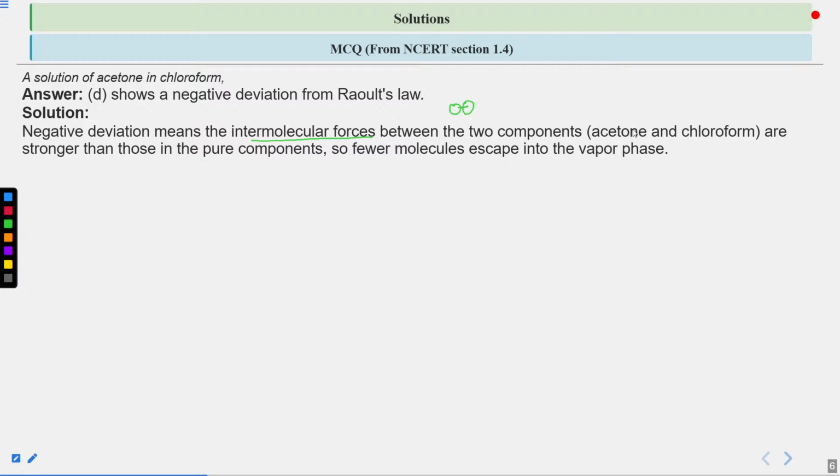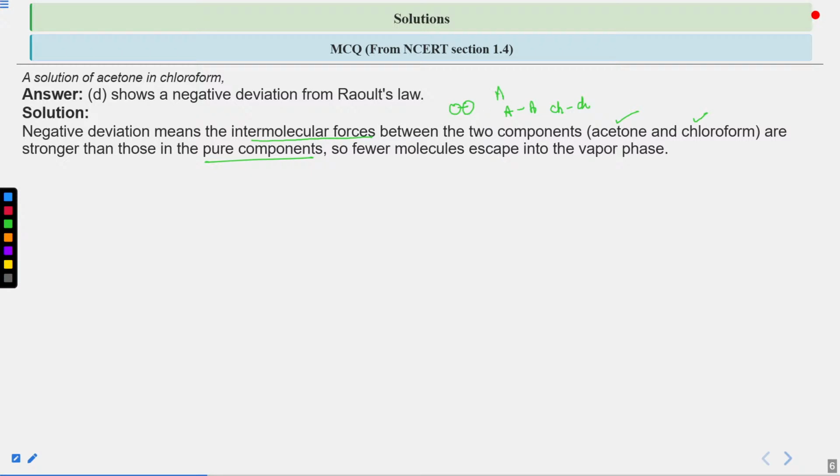Here in this question, the components are acetone and chloroform. So the intermolecular forces between the two components, acetone and chloroform, are stronger than those in the pure components. Pure components means acetone or chloroform. They are considered pure components, with their own intermolecular forces, and the intermolecular forces differ between the different components, between acetone and chloroform.